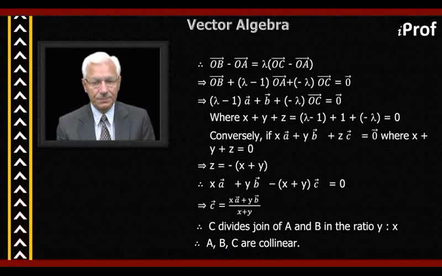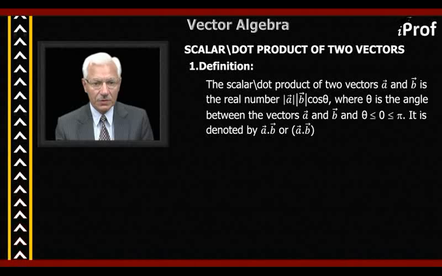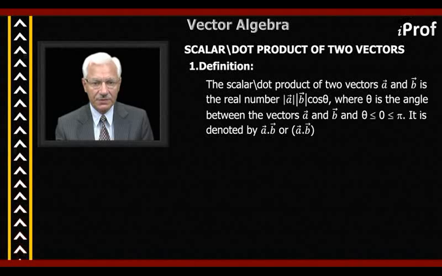The dot product. Scalar or dot product of two vectors.